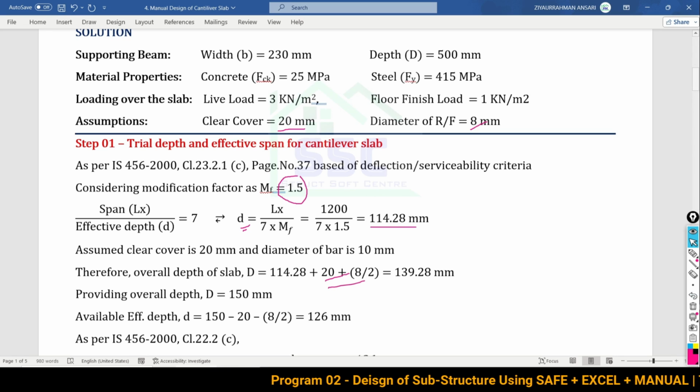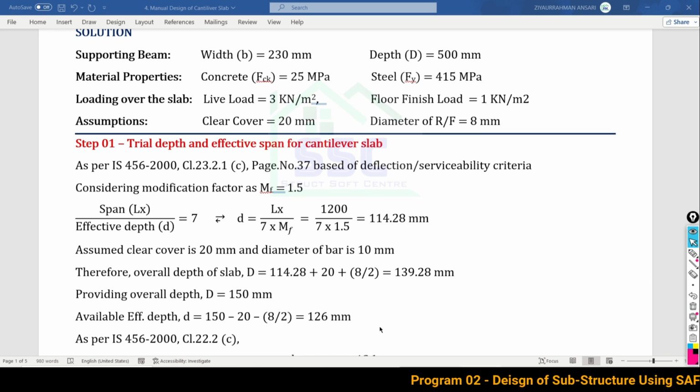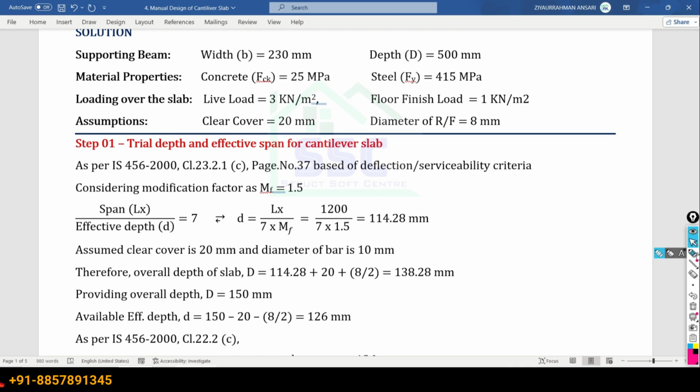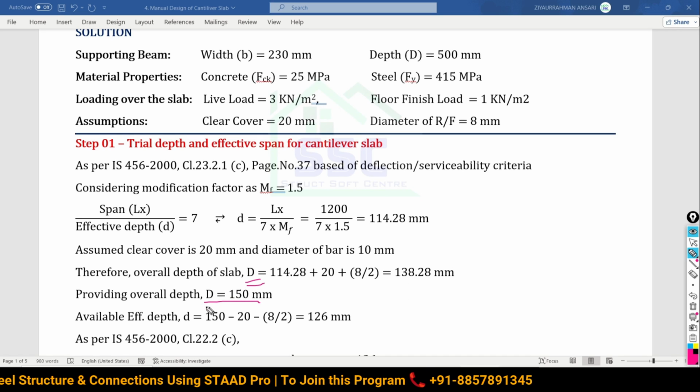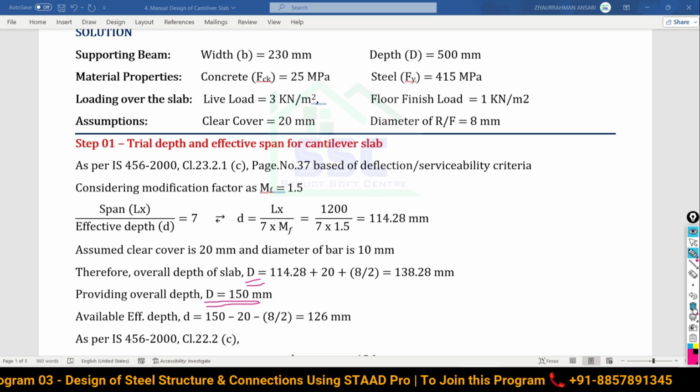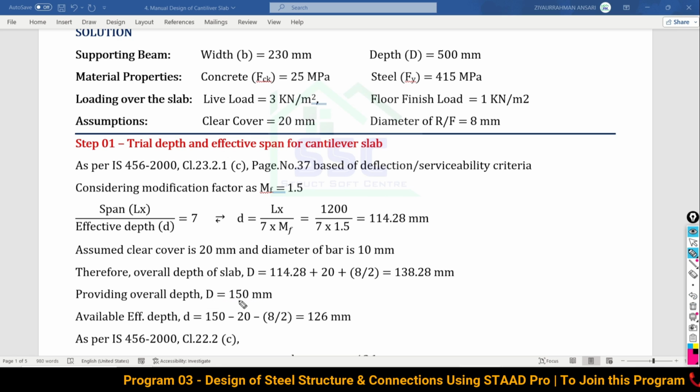After doing this calculation, let me calculate what value I will get. So it is 138.28. But 138 overall depth obviously we will not provide. We are going to round up this value to 150 mm. So the overall depth of the slab we are going to provide here is 150 mm.